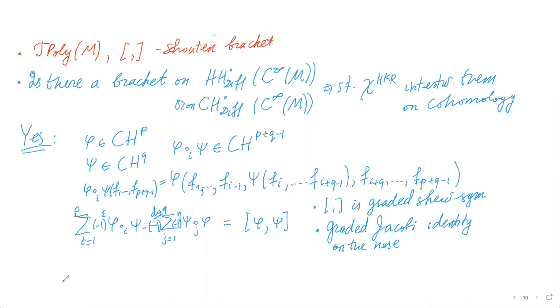Moreover, the operator delta can now be expressed in terms of this new operation, which is called the Gerstenhaber bracket, by the way.